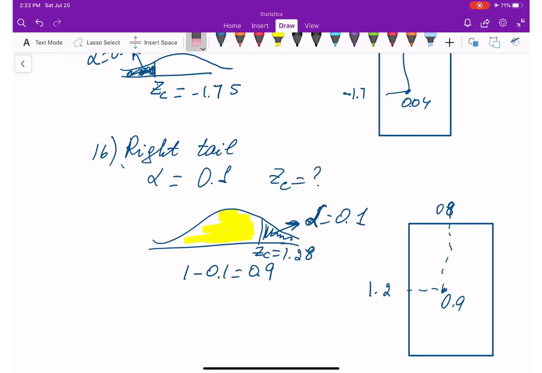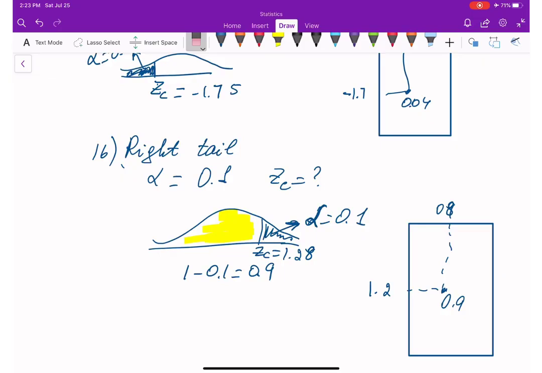Okay, so next step, we are going to find out if we are rejecting based on the z critical. We need to find out if we are in the rejection area or we are not. So how are we going to find out?